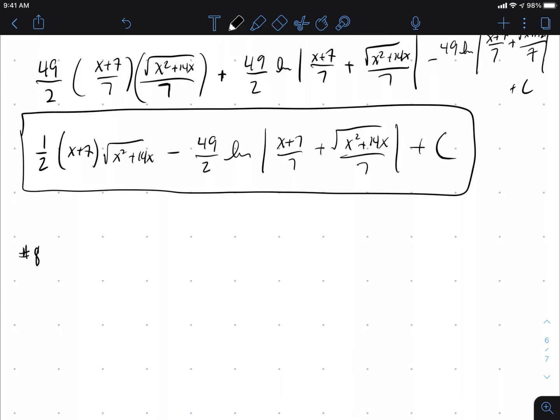All right, here we go. We haven't even gotten to the fun stuff yet. Isn't that crazy? What does this look like?